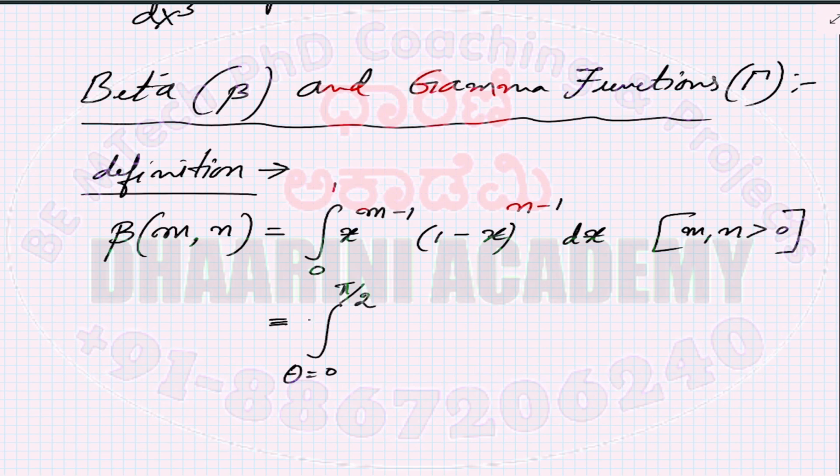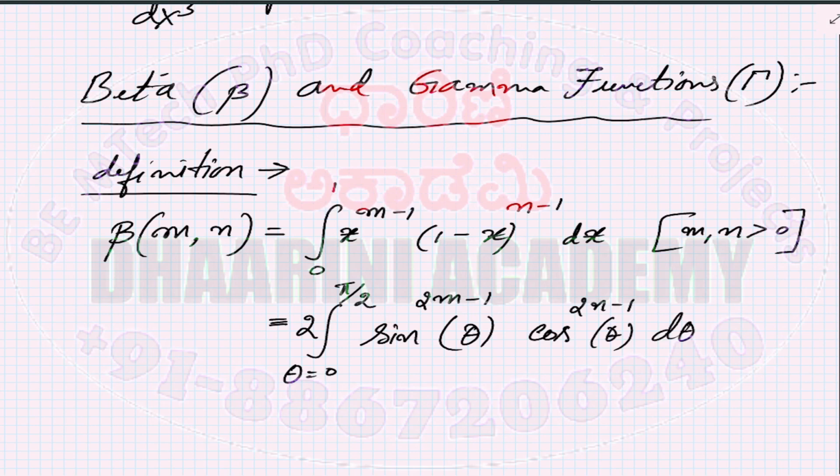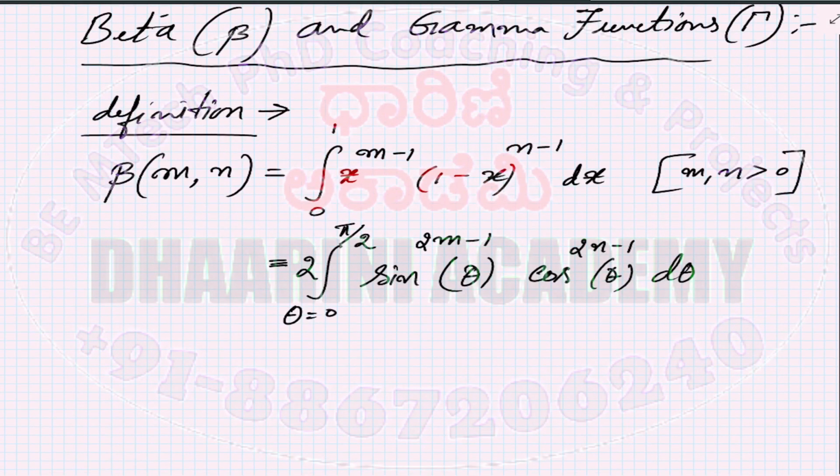Sorry, there is a 2 outside: 2 times the integral from 0 to pi by 2, theta varying, of sine to the power 2m minus 1 of theta, theta being my variable, into cos to the power 2n minus 1 of theta, because m and n are still the variables. I'm trying to represent it using that, into d theta. So these two equations represent the beta function.